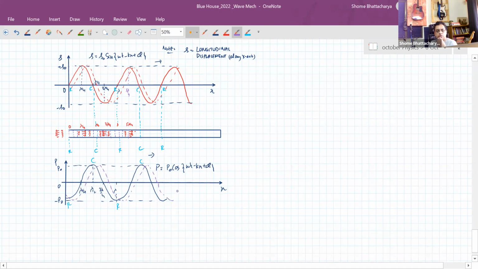But they move together in synchronization in such a way that wherever the medium particles are at the mean position part of their oscillation cycle, the pressure is either maximum or minimum. That is, the volume stress is maximum. Either there's a compression maxima or a rarefaction maxima, like that. And wherever the medium particles are at their extreme position of oscillation, that is where the stress is zero. So the pressure is the natural atmospheric pressure.